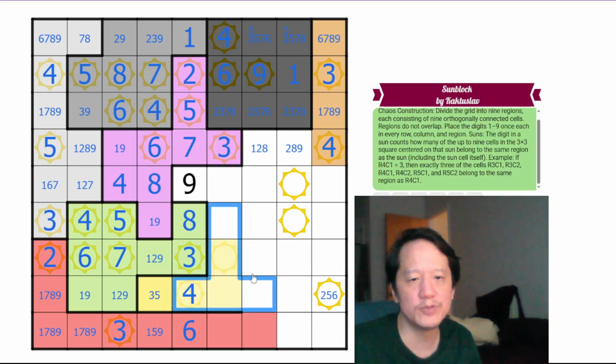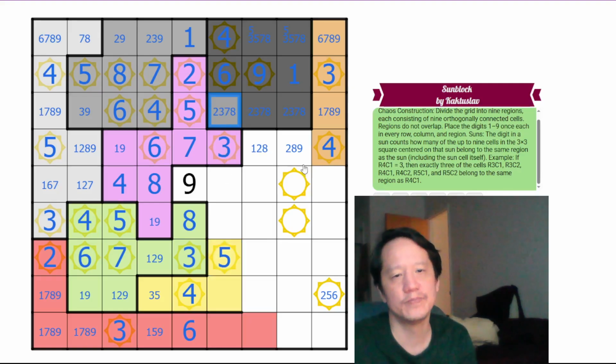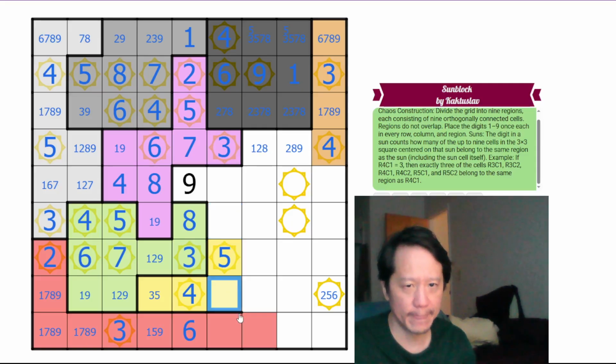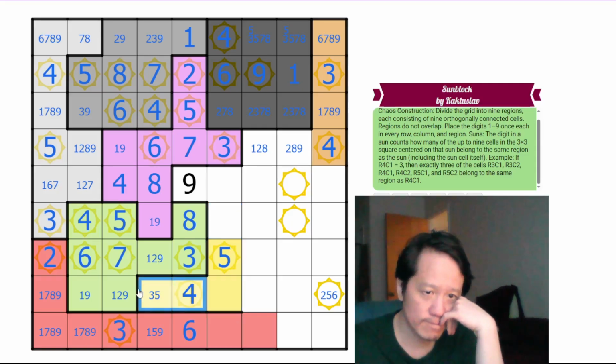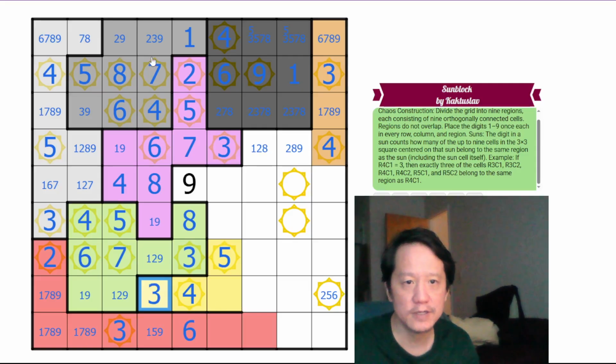It can go up to 7 at most, so this has to be 5. Because of 3, 4, 6, 7 in the row and column. No 3 here because of 3 in the column. 5 here eliminates 5 here, so this is 3, which eliminates 3 in the rest of the column.